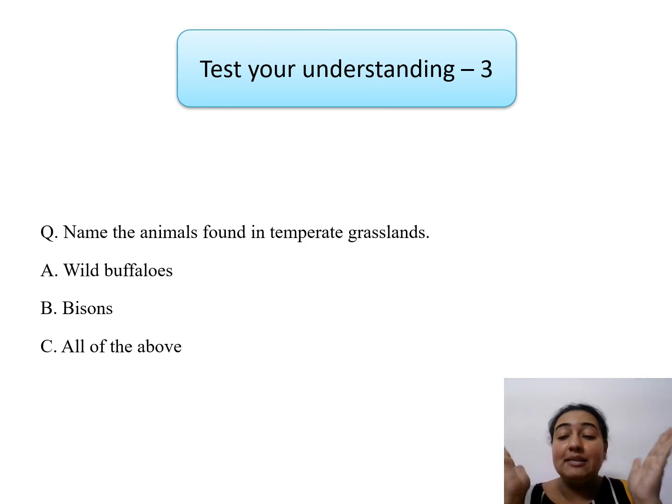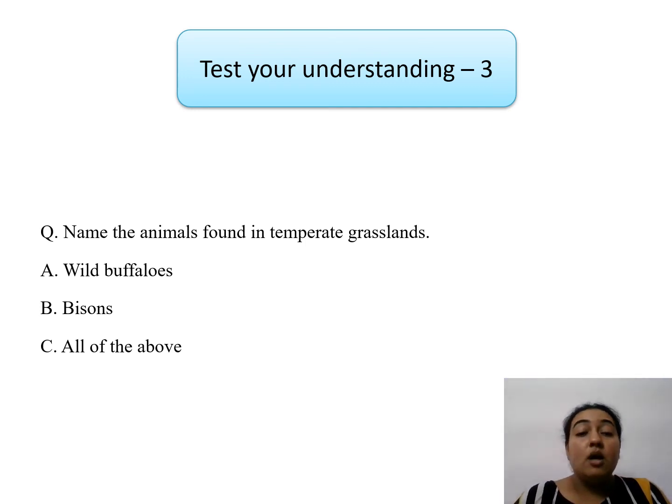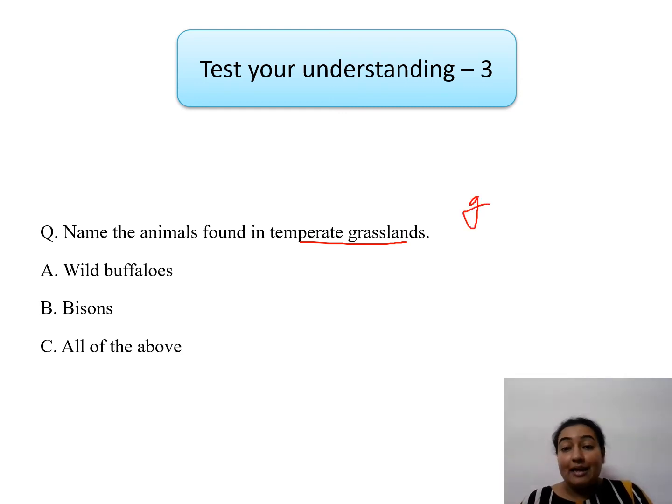Okay. Now there's the last question for this concept for all of you. I have made this video really very short and simple in order to explain three types of natural vegetation and three types of wildlife, so that you might not get confused further. Name the animals that are found in temperate grasslands. Now in temperate grasslands the grasses are small and also nutritious.